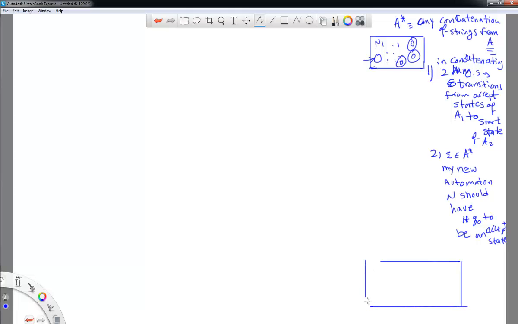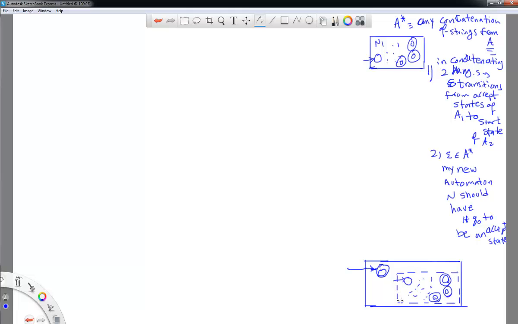For this automaton, I'm going to add a new start state, and I'm going to make that an accept state. Then I'm going to have my own little N sub 1 automaton that I'm constructing this from. It had a start state, a bunch of intermediate states, and some accept states.